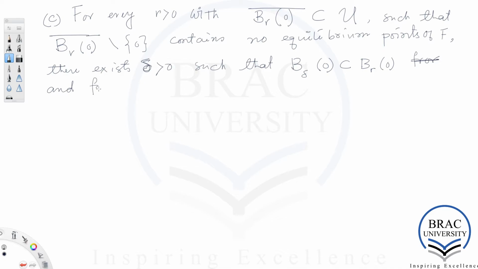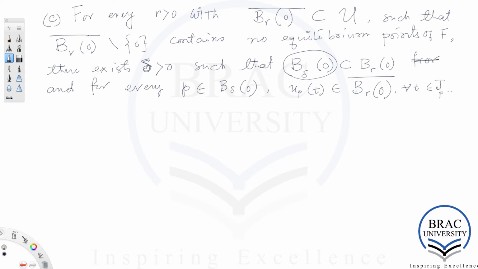And for such a delta can be found, such that B delta of 0 is contained in BR of 0, and for every P in that ball, the solution UP at T will belong to the closure of the ball of radius R centered at 0 for all T in JP intersected with 0, infinity.